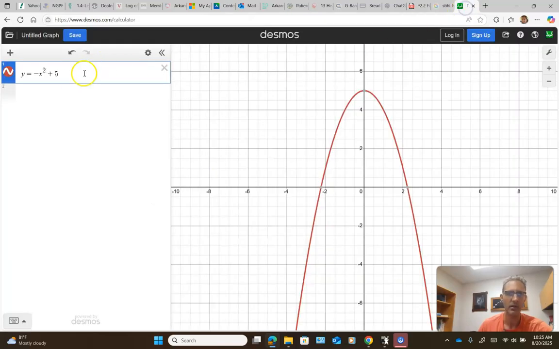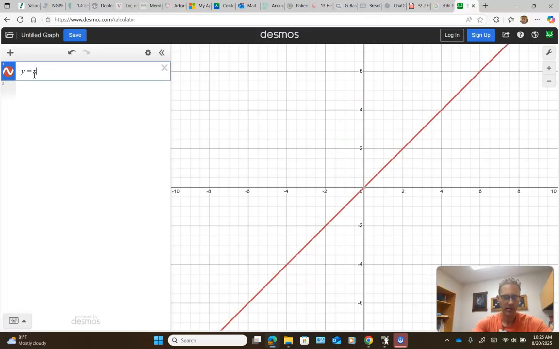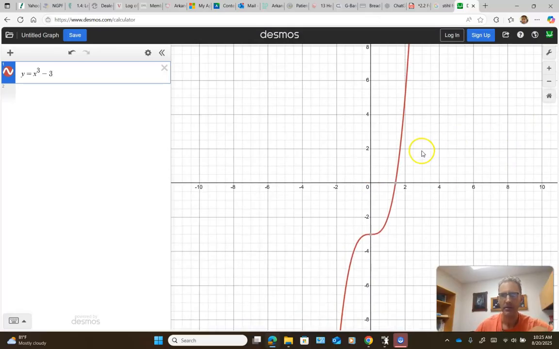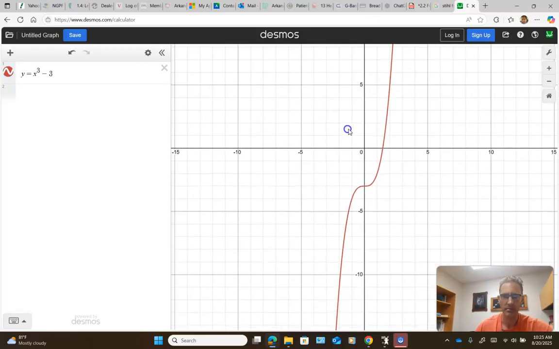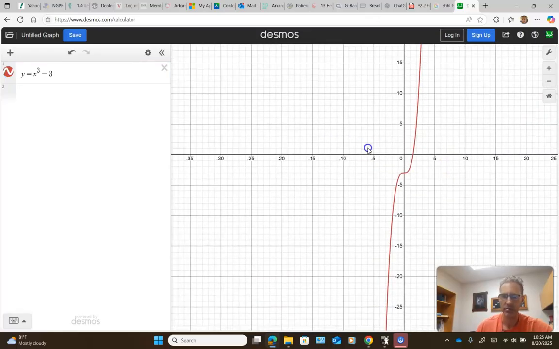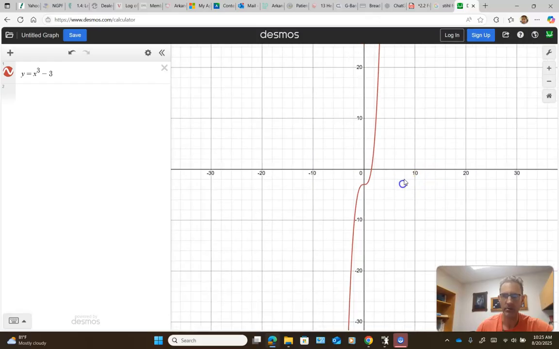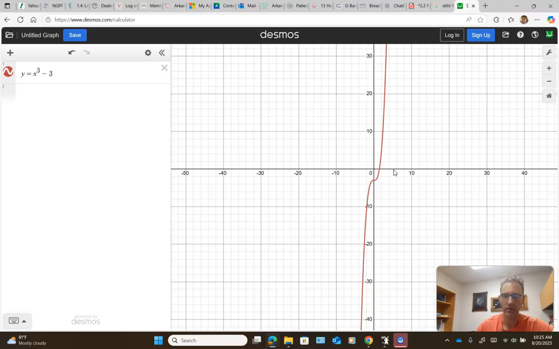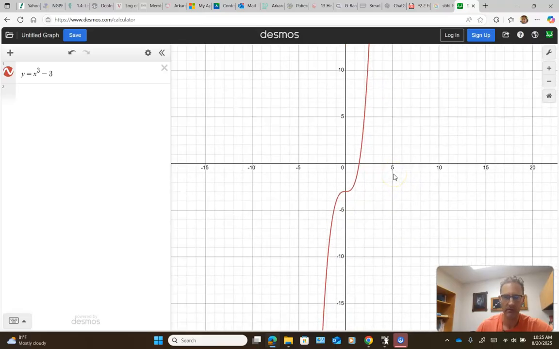If you wanted to look at this with Desmos, you could. So what is it? -3. Okay, there it is. The nice thing with Desmos is you can zoom out and zoom in pretty easily just with your mouse, or the scroll wheel if you have one.